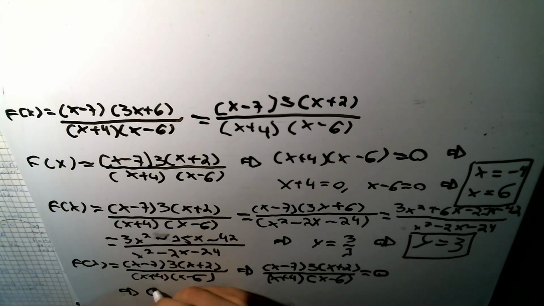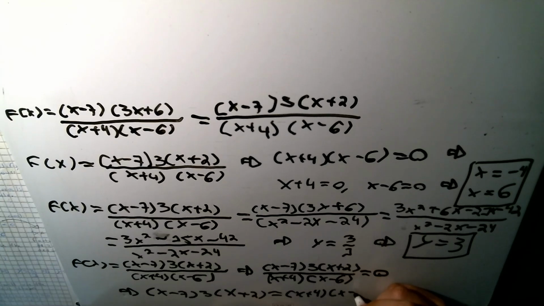Now we're going to rearrange it. x minus 7 multiplied by 3 multiplied by x plus 2 equals 0.